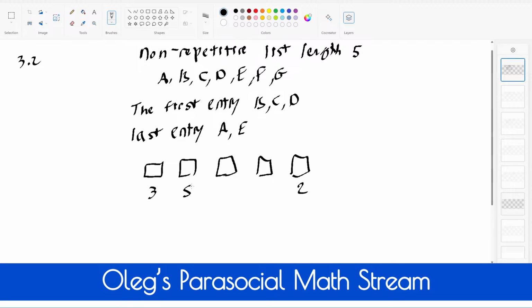So that makes us 5 options. And then we're going to have 4 options, 3 options. Okay. So by multiplication principle, 3, 5, 4, 3, 2. That's 360.